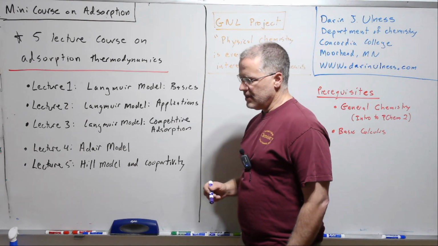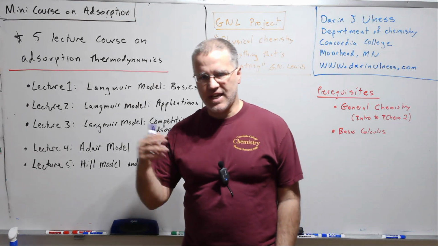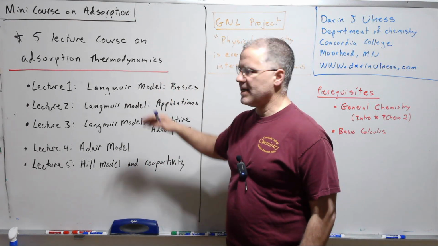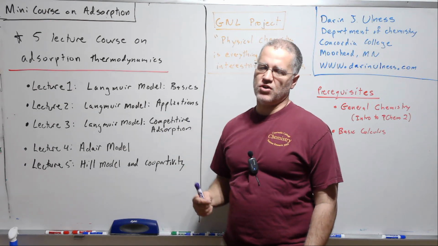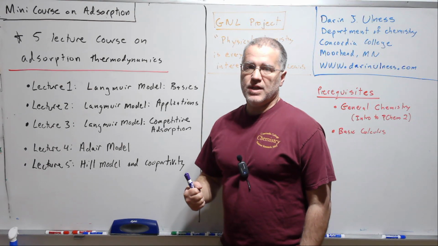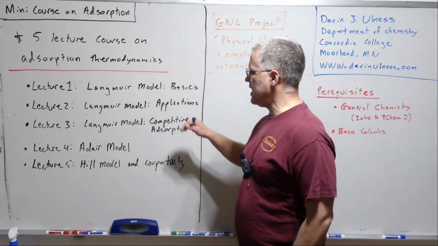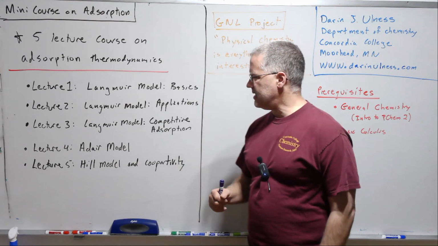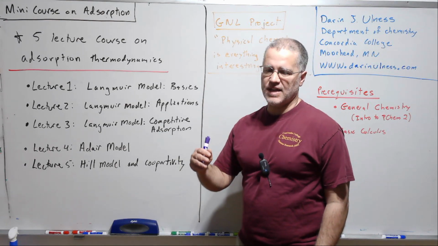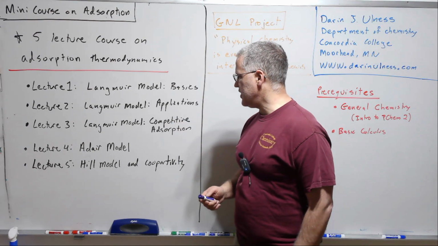There'll be 3 applications here: casting the Langmuir model in terms of concentration rather than pressures, looking at the enthalpy of binding, so doing some thermodynamics on that, and then finally an industrial model of gas delivery. So that's kind of an interesting application.